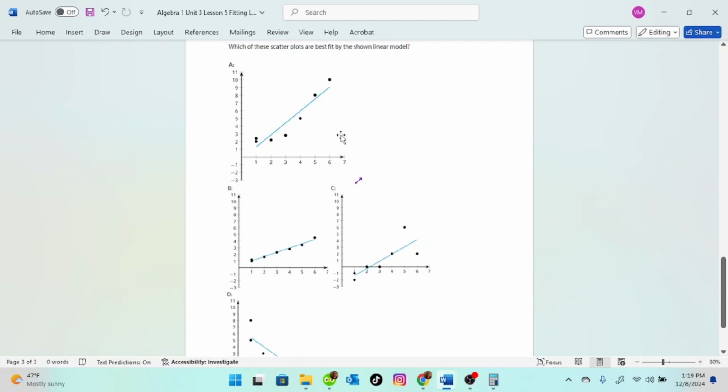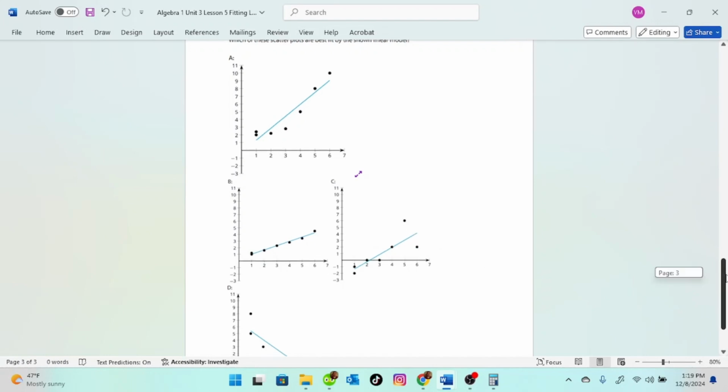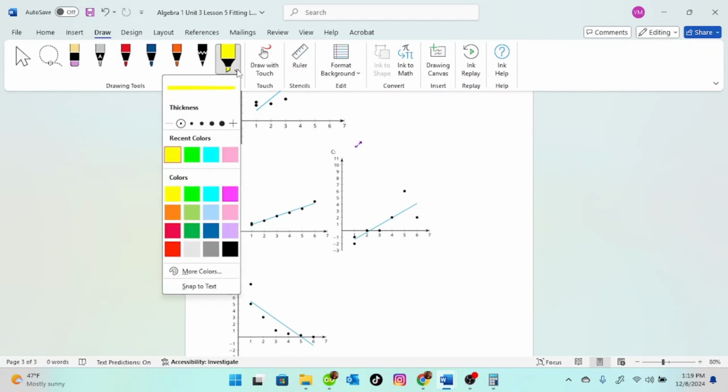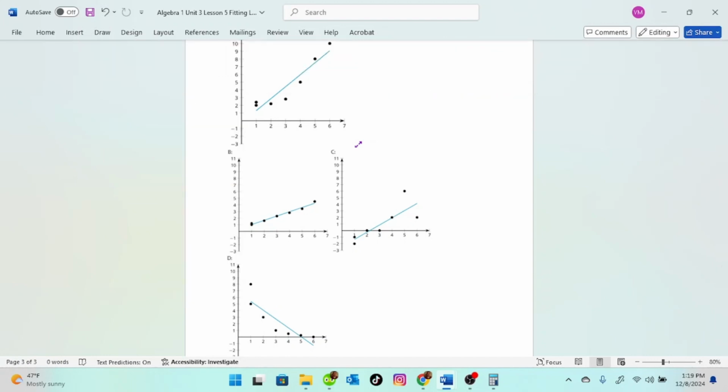And as we take a look, we can see some space here on A. We can see some big space down here at the end on C. And we can see some space here at the beginning on D and in the middle. But if you look at B, B appears to have the points really close to that line.